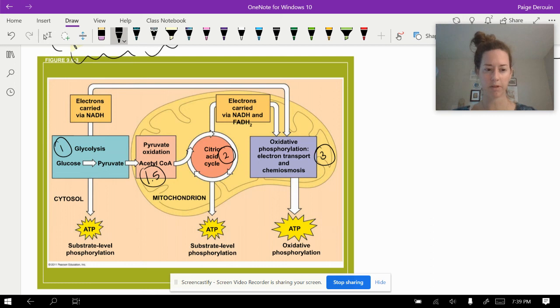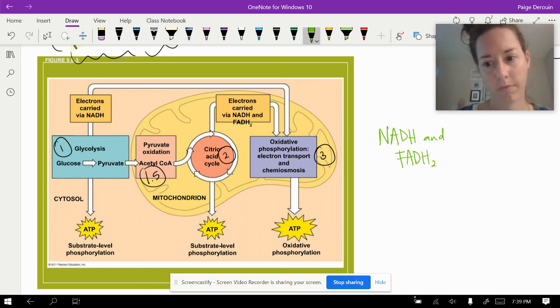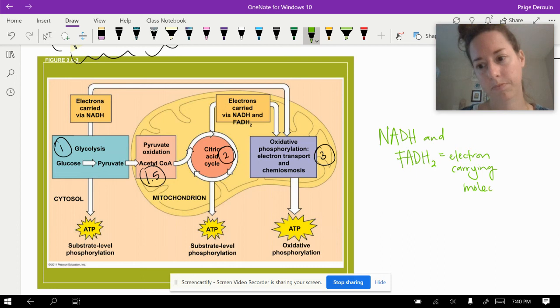Just to highlight a couple of the other words that are on here that are important, I'm going to make a note that NADH and FADH2 are electron carrying molecules.